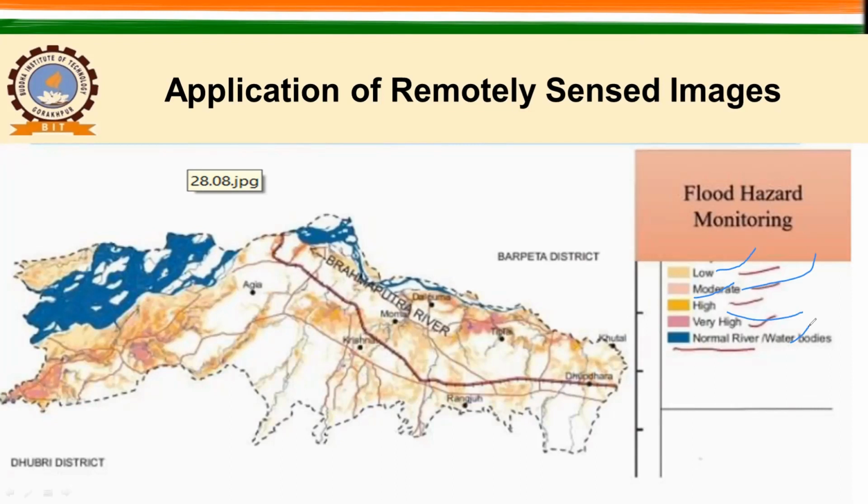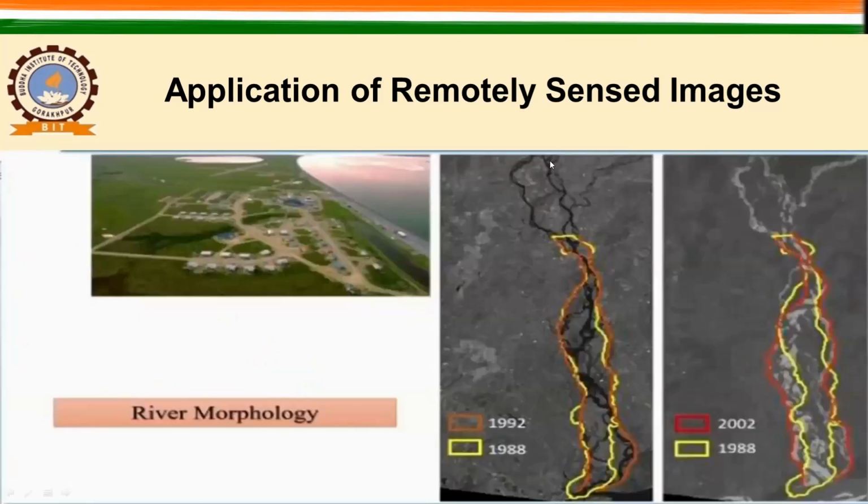Okay, so other applications are described in the next slide. I will move towards the next slide. That is river morphology. This is actually a very interesting problem, where you can always find how much this river has migrated from one place to another place, right?